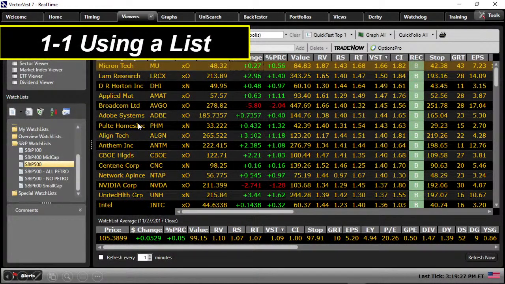So using a list is simple. Any list of stocks. We're looking at the S&P 500 list. So what I would do is I'd open up the charts of all 500 stocks, and that's just one list that I'm using here as an example. And then I'll look at the hard right edge. I'll throw MACD on if I'm in a trending market, right? Because if I'm in a sideways market, let me understand first what the market's doing.